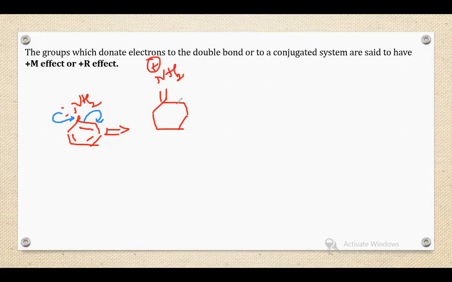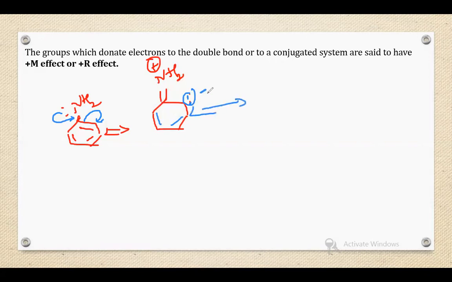So between 1 and 3, there is no carbon density, right? Next, here the pair of electron will have an extra negative charge. Due to this, what will be the structure? This is the alternate double bond.